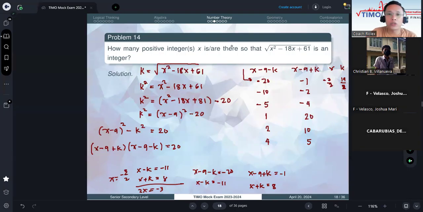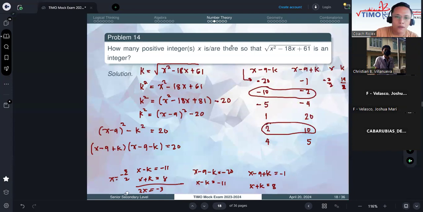We need to have integer x. So from here, we'll try to solve for the value of the integer x, and we can arrive at here. So these are the cases where we can have possible integer values.